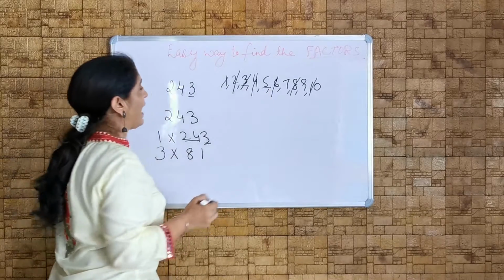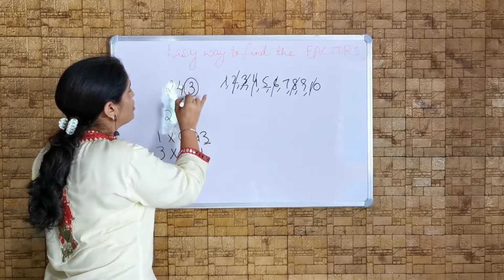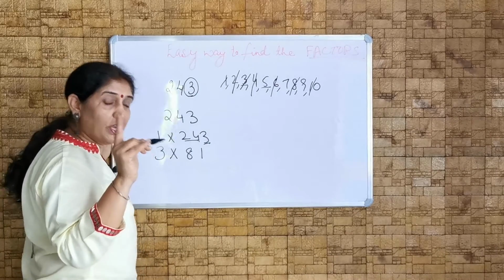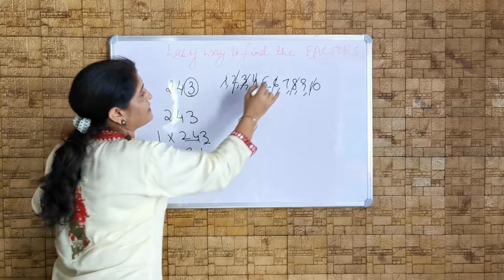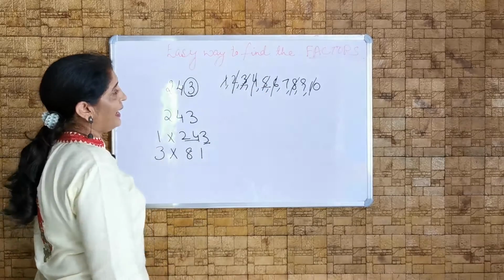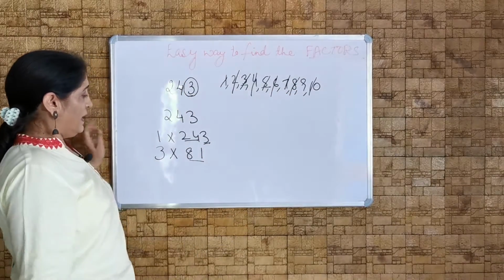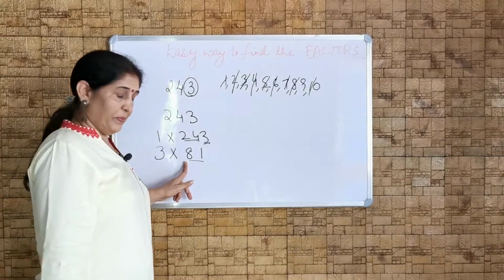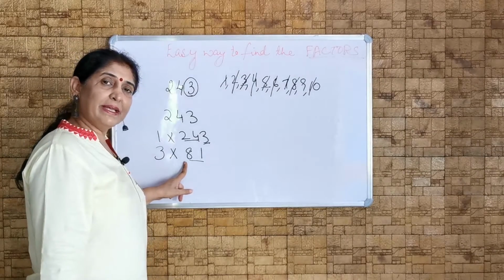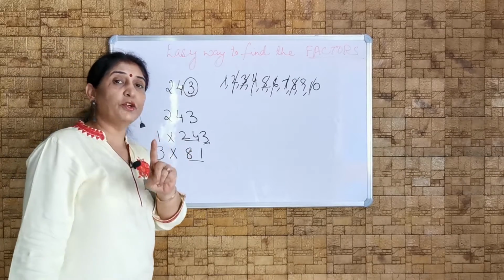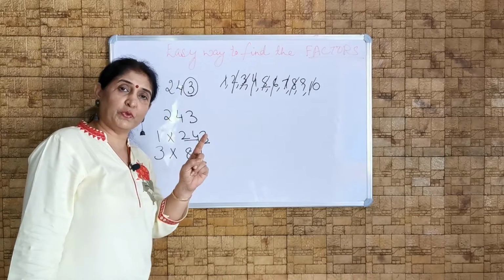Next digit is 5 and the last digit of the number is 3. It is not 0 or 5, so it cannot be divisible by 5. Next is 7. Please check the last number, 81. Is this number divisible by 7? I have told you all the rules of divisibility in my previous video.